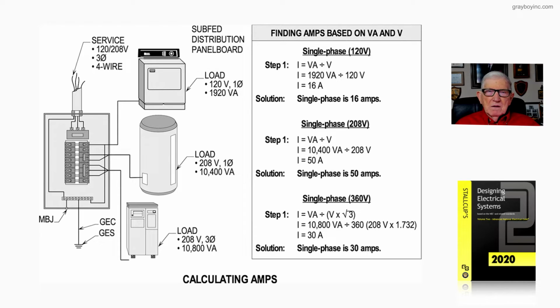We can always use the front inside cover of Stallcup's Electrical Design Book, Volume 2, where we have a wheel with our formulas. You're looking for the current, so you take the VA divided by the voltage, so 1,920 divided by 120 is 16 amps.